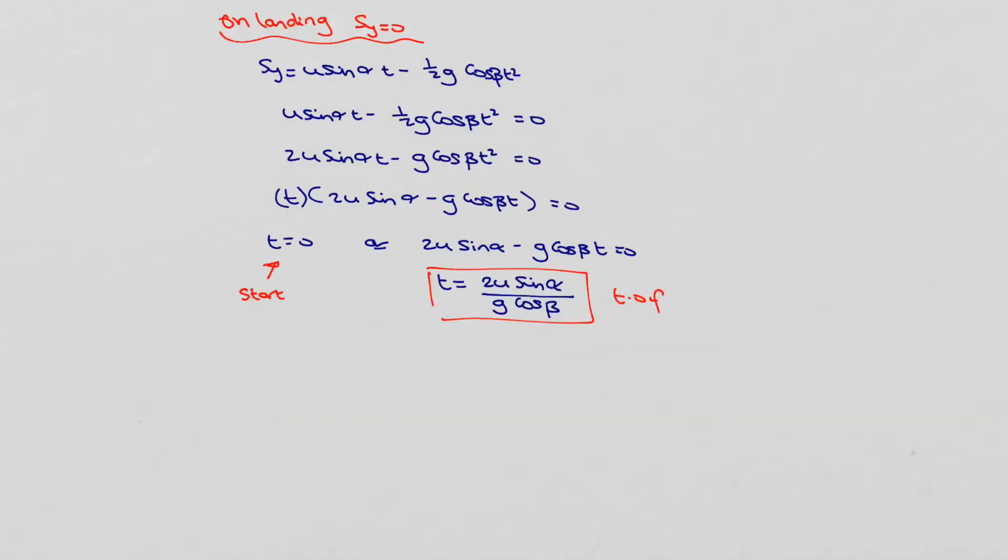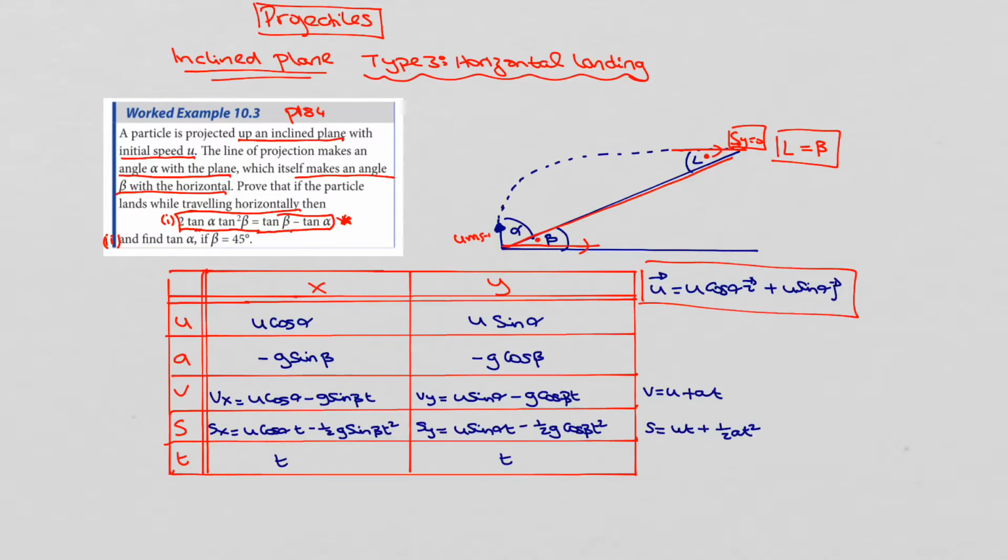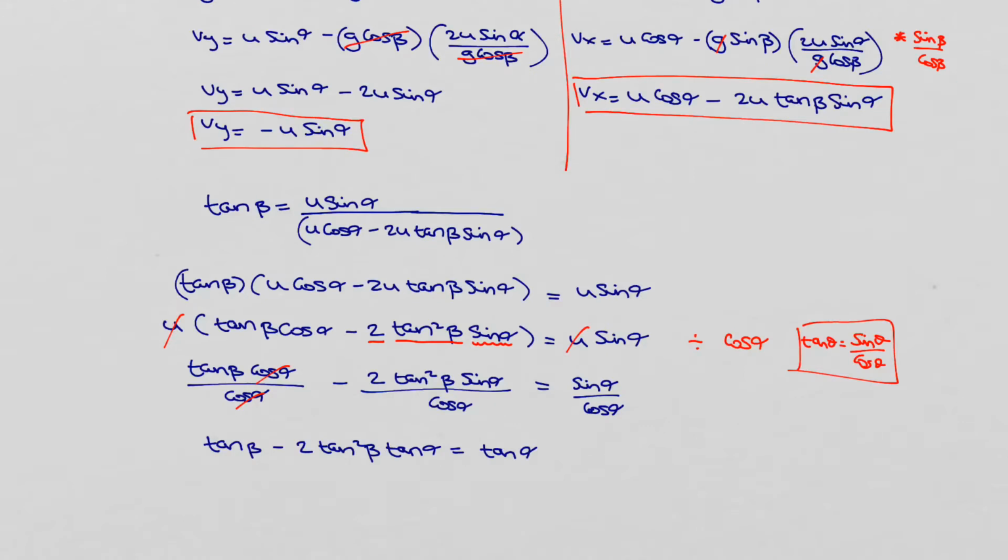And then if I rearrange it just to make it look the way they've given it to me, my tan squared beta must be on the left hand side, and I'm going to multiply across everything by minus 1. So therefore that gives me 2 tan squared beta tan alpha is equal to tan beta minus tan alpha. Done. Lovely.